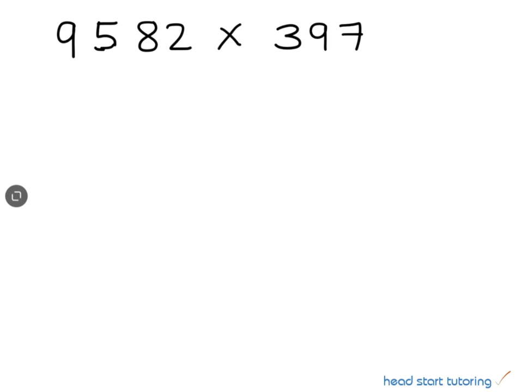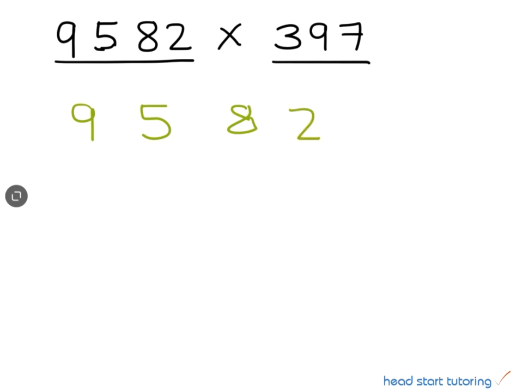We are now going to be having a look at a 4-digit number multiplied by a 3-digit number. What we need to do here is, just because they're bigger numbers, make sure that we are very careful in the way that we set out our work. Right.